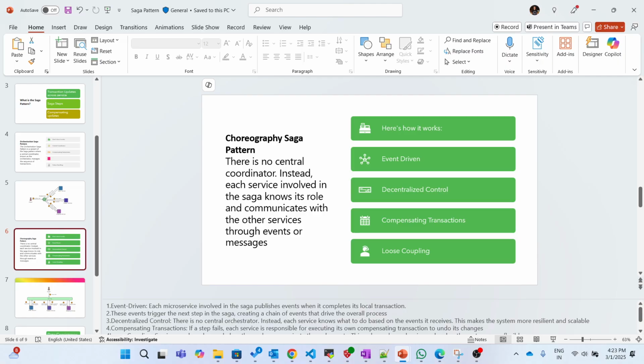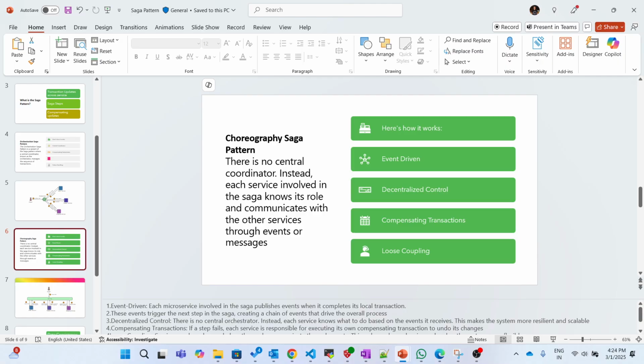It is event driven because each microservice involved in the saga publishes events when it completes its local transaction. These events trigger the next steps in the saga, creating a chain of events that drive the overall process. So there is no central orchestrator. Instead, each service knows what to do based on the events it receives. This makes the system more resilient and scalable.